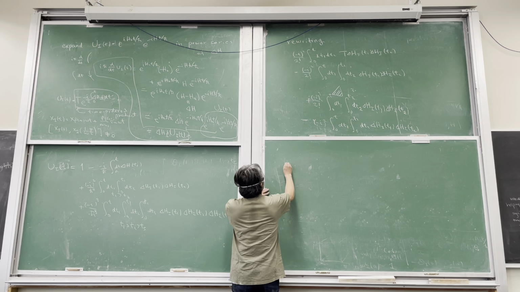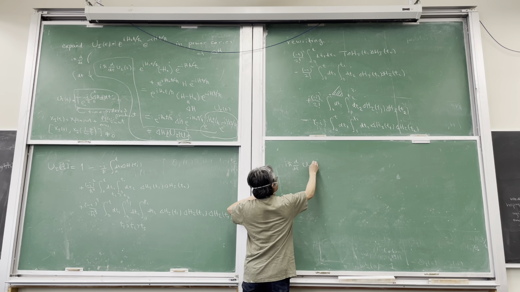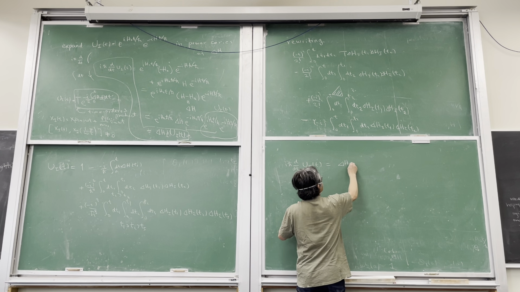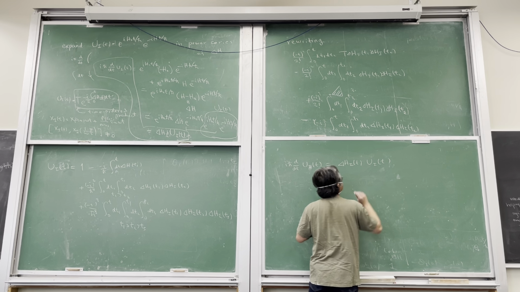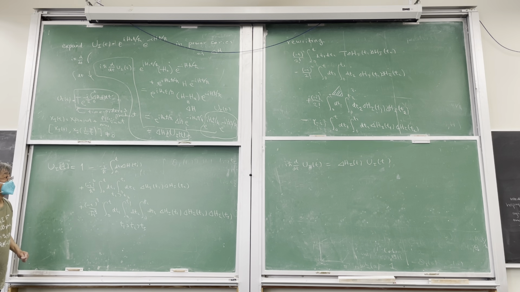So what we would like to show, time evolution of this operator is linear, like this. And I claim this is the solution. And let's verify that. And that can be done order by order in perturbation theory.